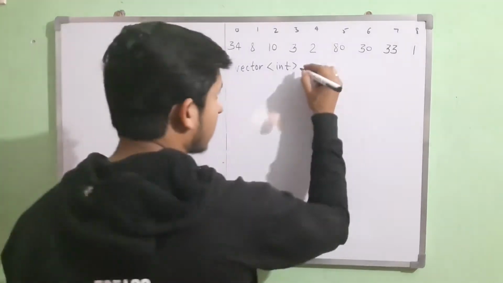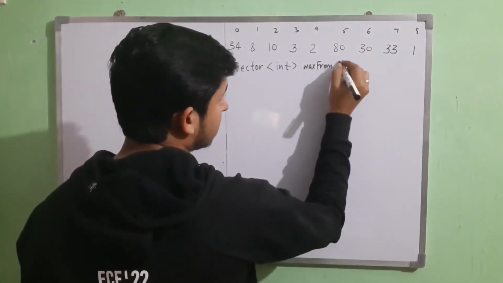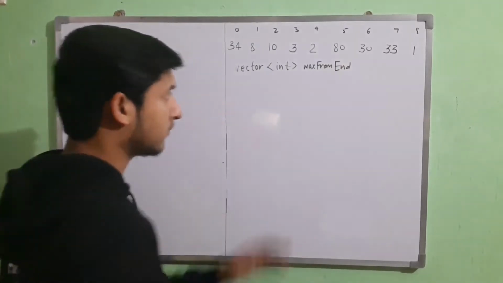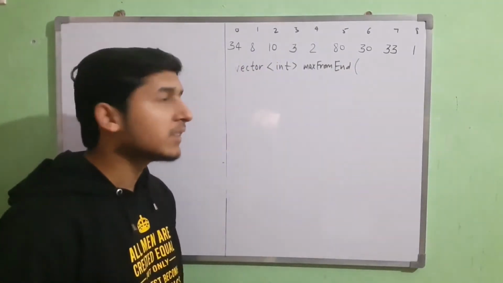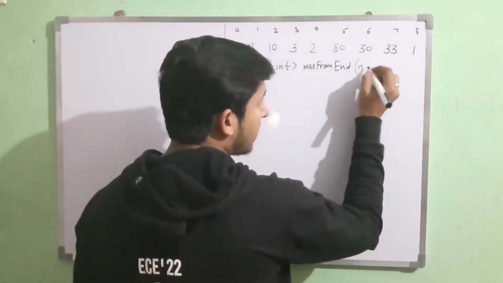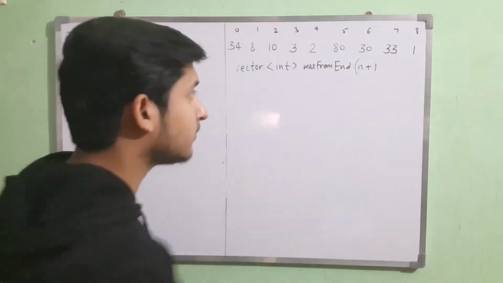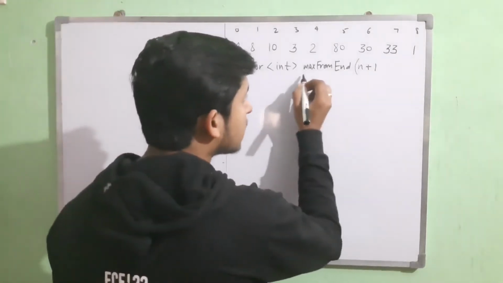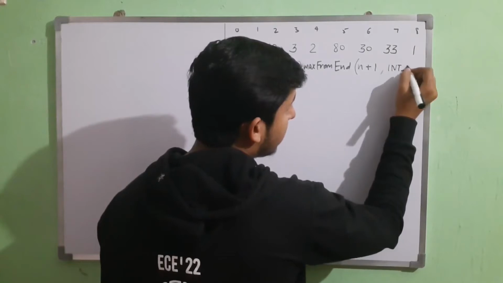The name should be maxFrom, in camel casing, and I can start it with size n, or I can start it with size n plus 1. It will help me, I'll tell you how. And because I'll store the maximum, it should be initialized with INT_MIN.